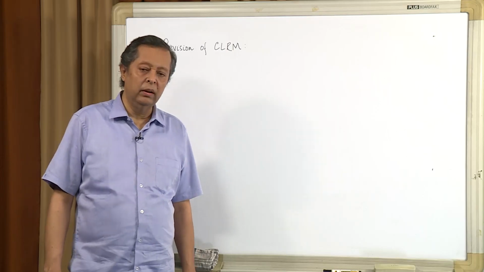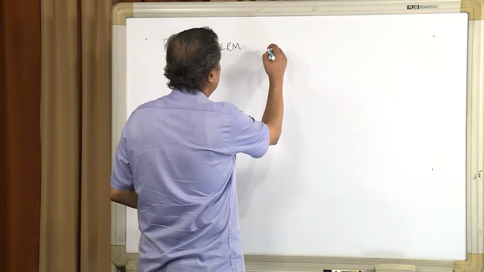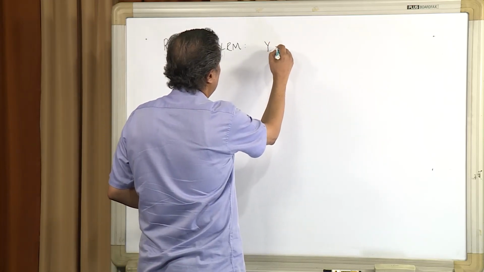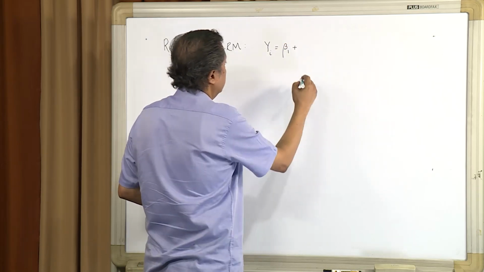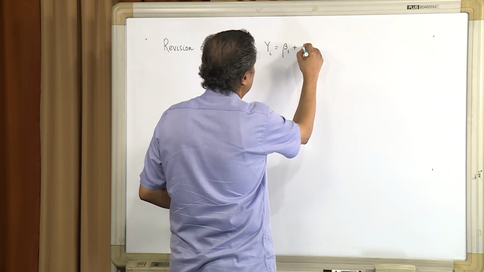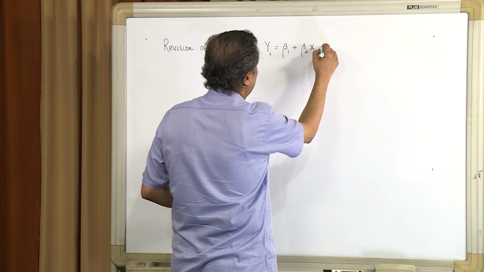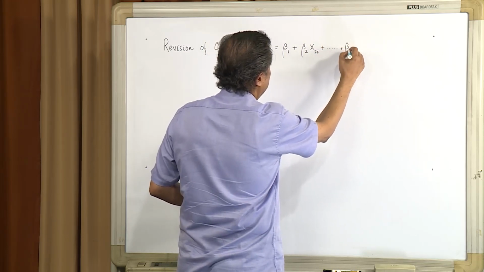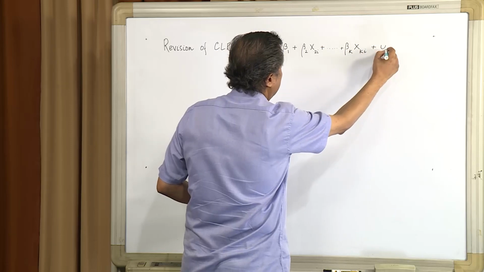We begin with the model, which is given as yi is equal to beta 1 plus beta 2 x2i plus ... beta k xki plus ui.